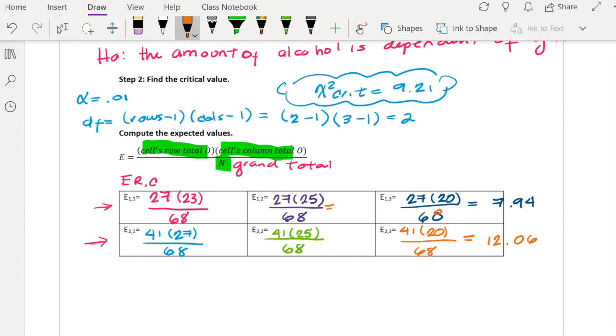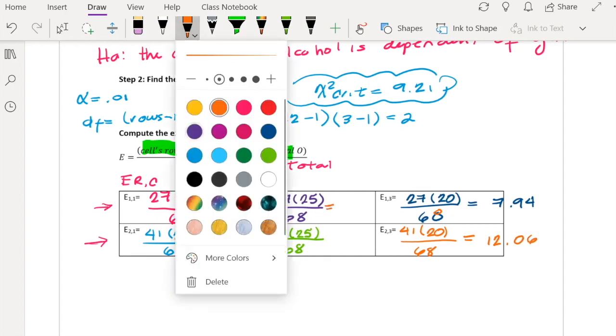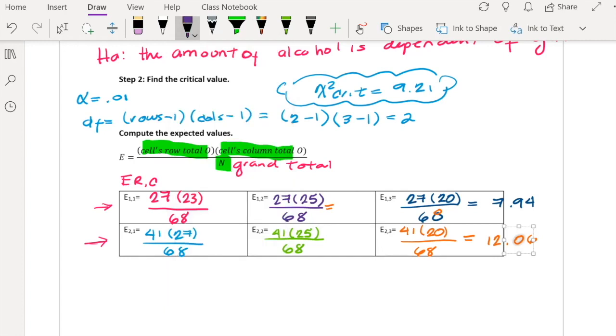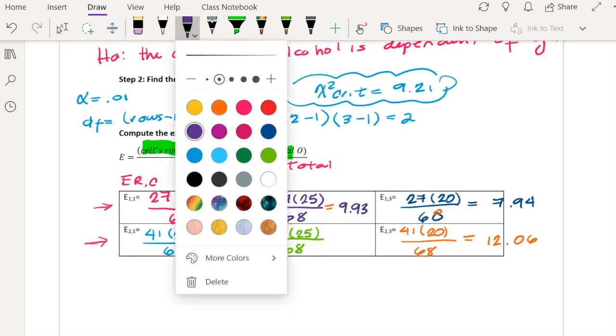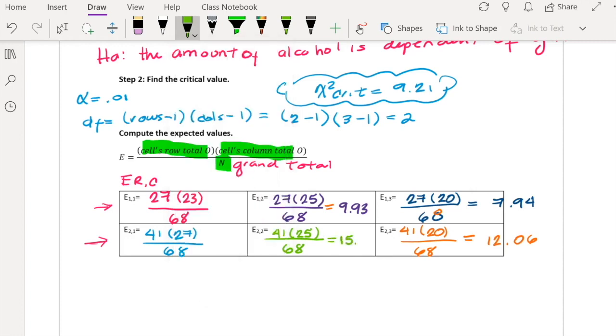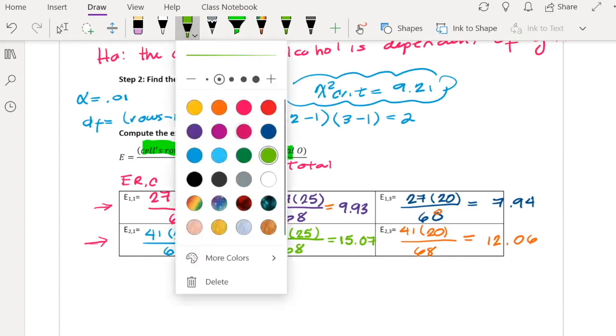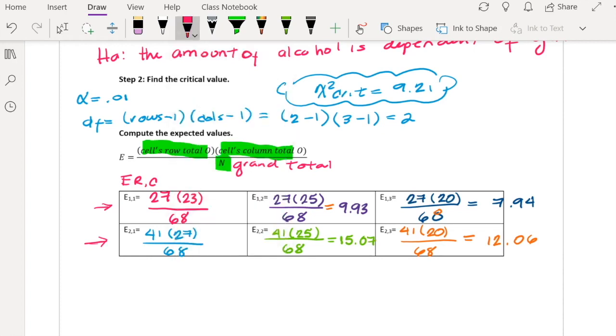Here is going to be, first of all, purple, 9.93. Equal, here is 15.07. 9.13.